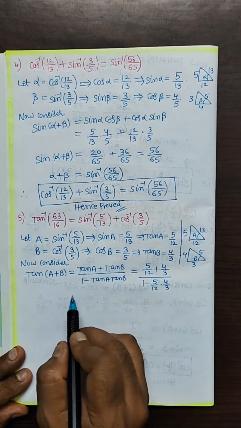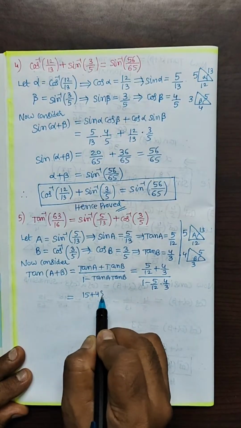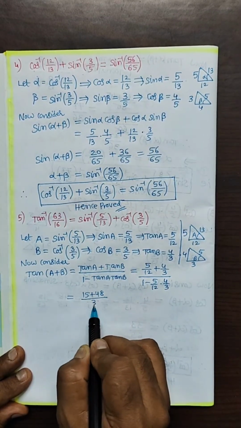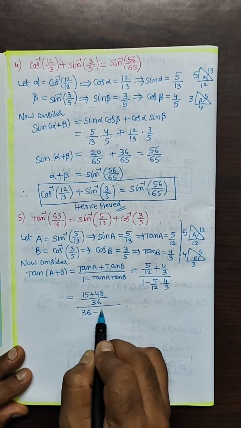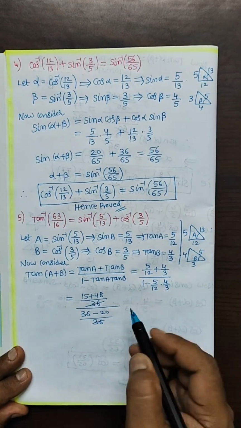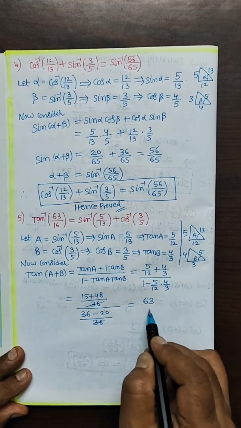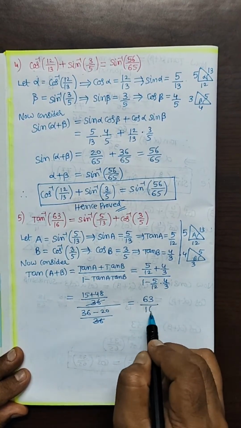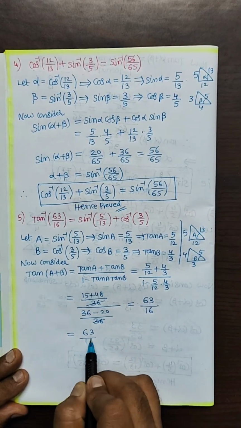So, which is equal to 15 plus 48 divided by 36 whole divided by 36 minus 20 divided by 36. So, which is equal to 48 plus 15, 63 divided by 16. So, which is equal to 63 by 16.